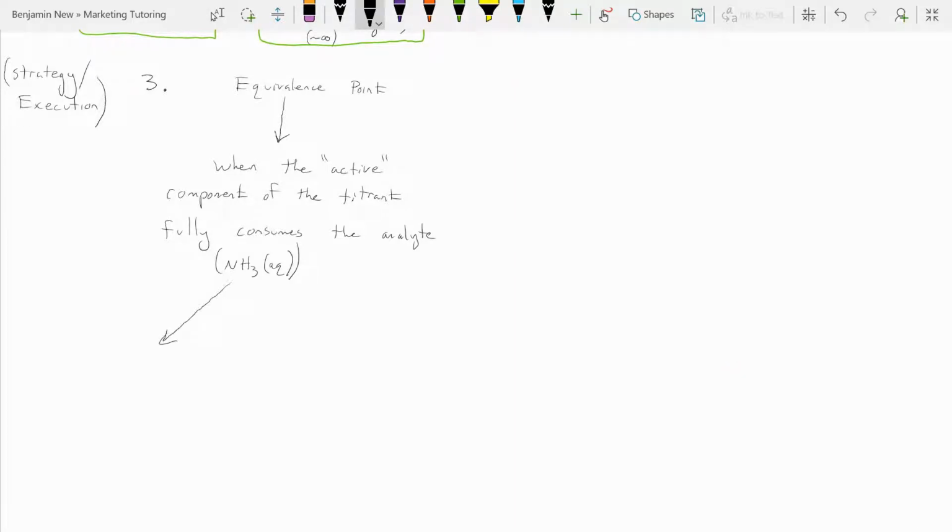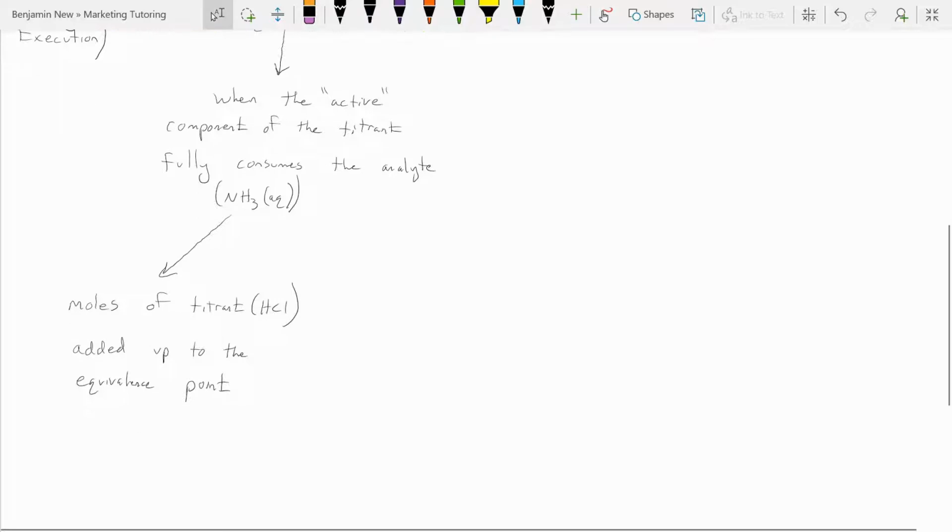And so over here, I'm going to figure out the number of moles of the titrant, which again is HCl, that we added up to the equivalence point. So the total number of moles of HCl that we added.